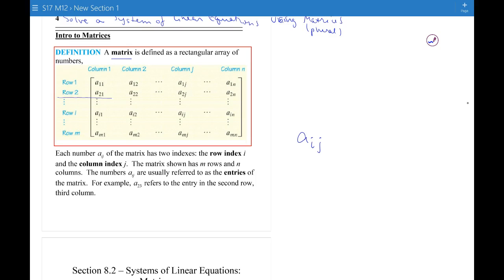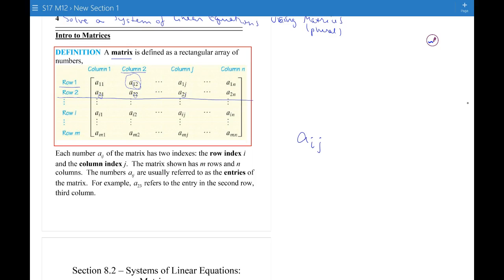So see how in row 2, the first subscript for each a is a 2. The second subscript tells you what column you're in. So you can see that when you're in row 1, column 2, your subscript is 1, 2. So it's not a 12, it's a 1 and then a 2.